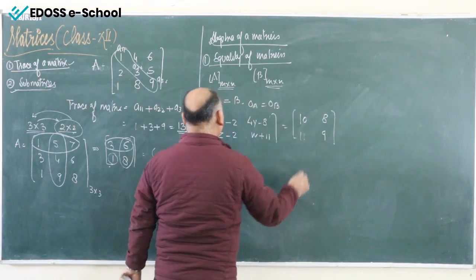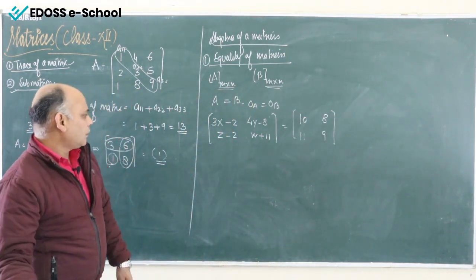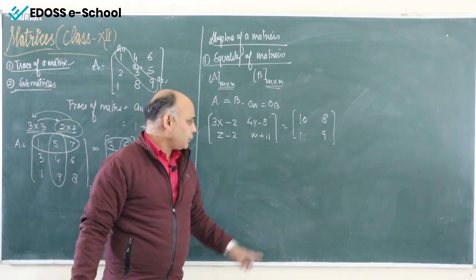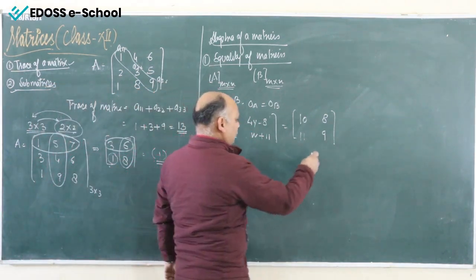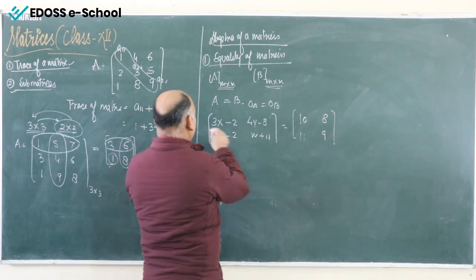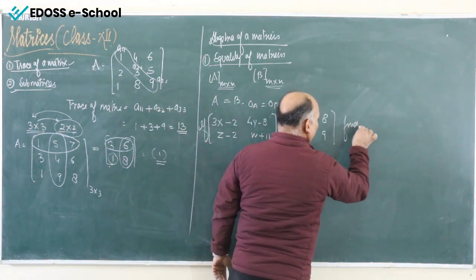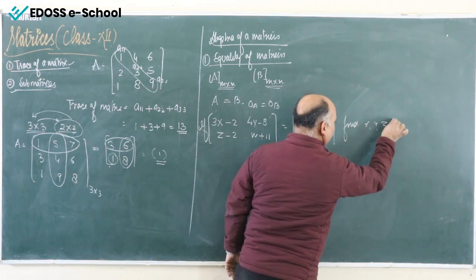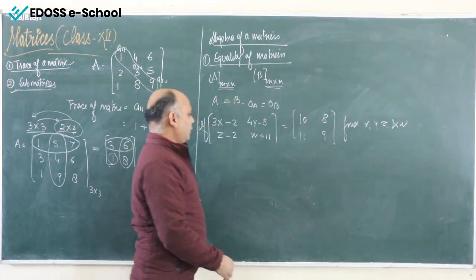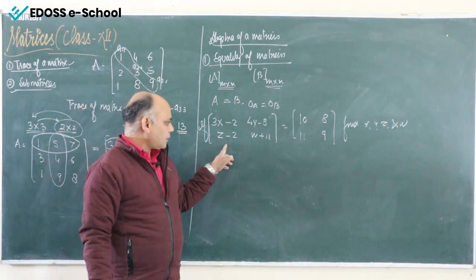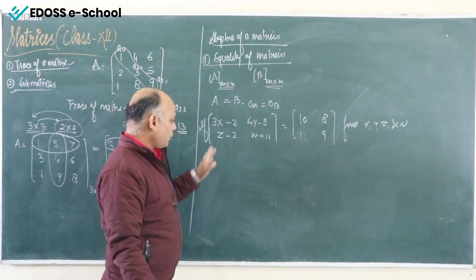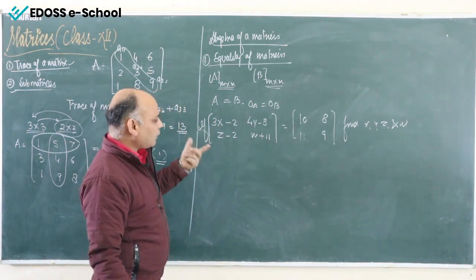The question says if this equals this, then find x, y, z and w. Now this matrix is equal to this matrix. First you have to see the order.